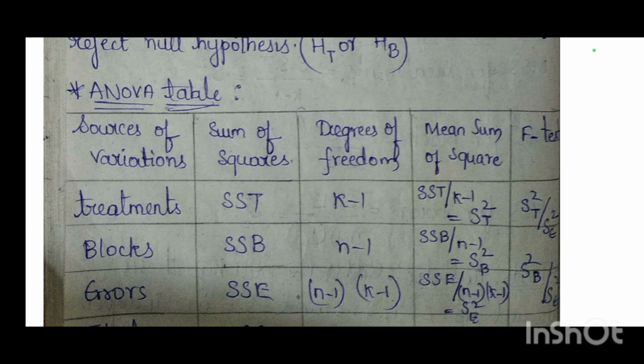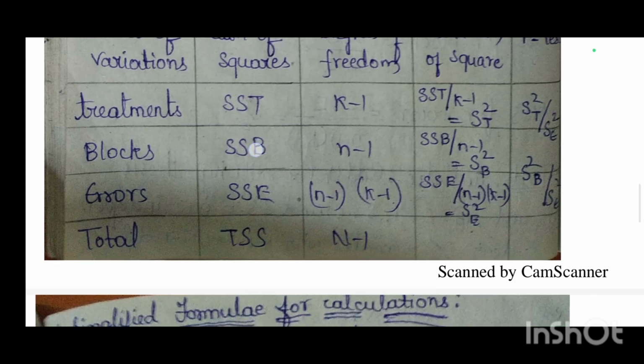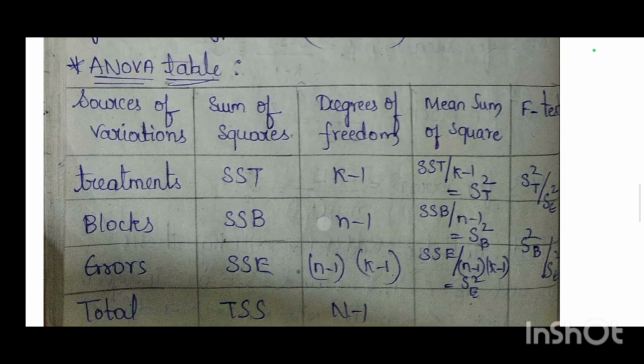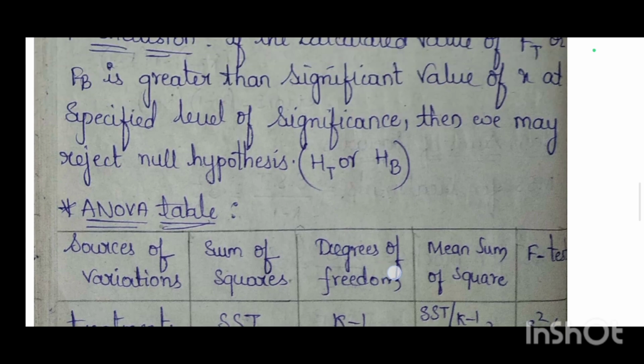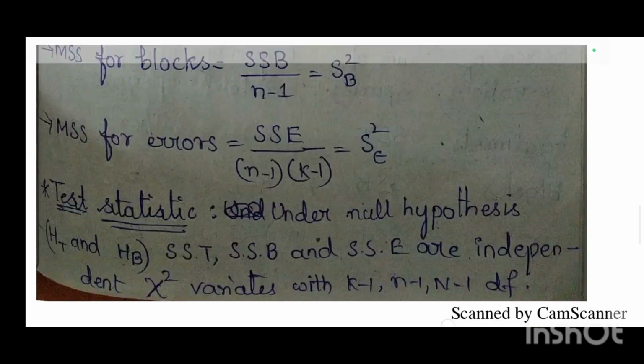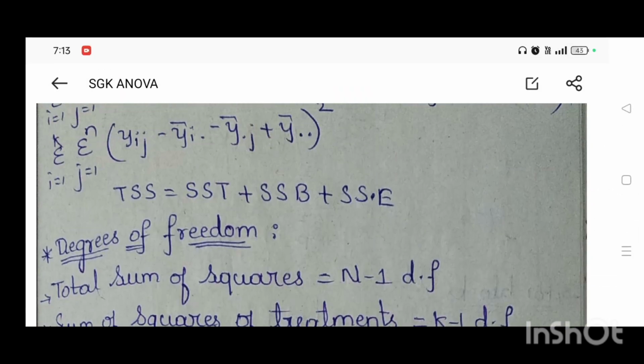Please look at how many sources of variation there are: treatments, blocks, errors, and totals also. This is an application of ANOVA two-way classification, with the sum of squares, degrees of freedom, mean sum of squares, and F calculated values also. Up to this you have to explain all of ANOVA two-way classification.